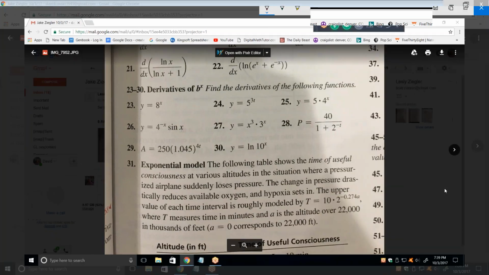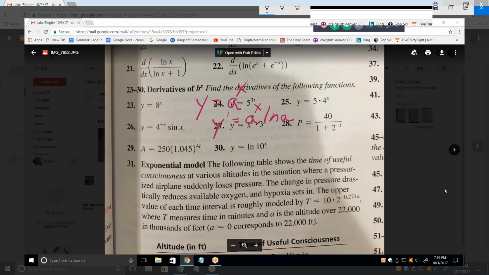If I have y equals a to the x, where a is some number just like e, well, the derivative of that is not a to the x. The only function whose derivative is exactly the same as itself is e to the x. But the derivative is a to the x times natural log of a.